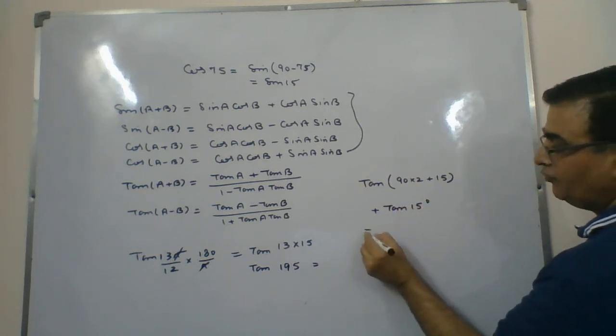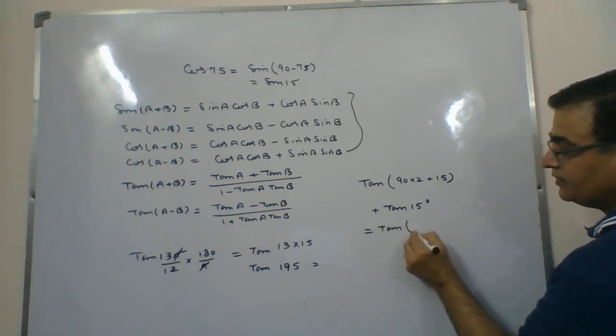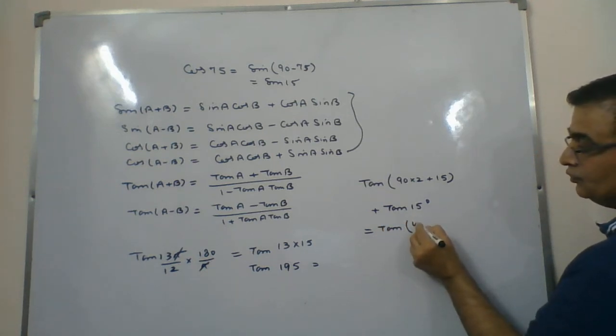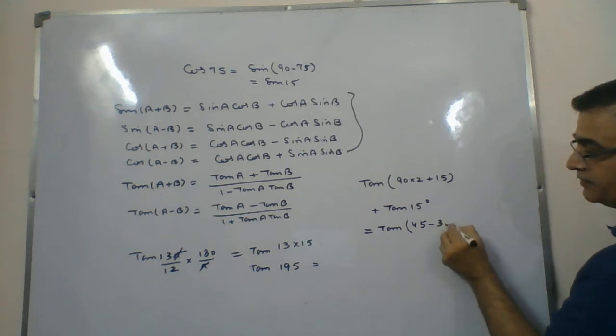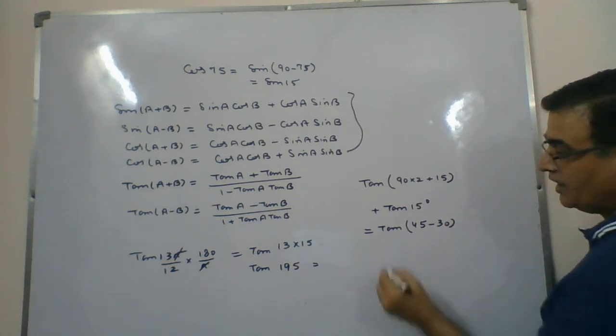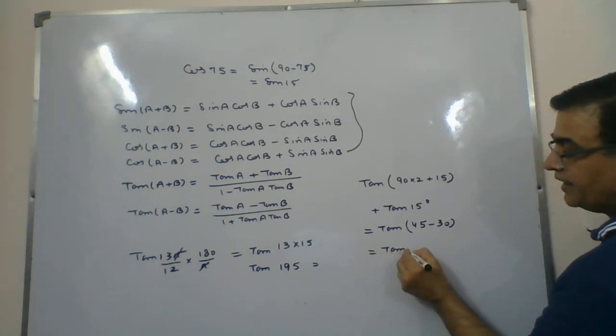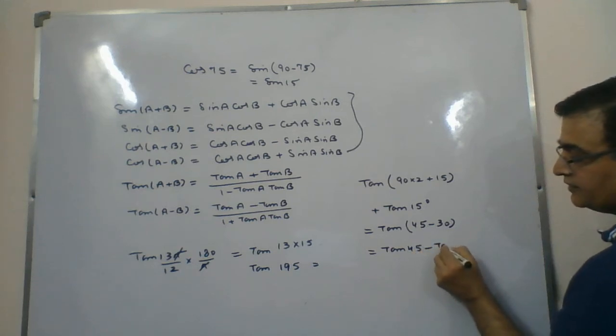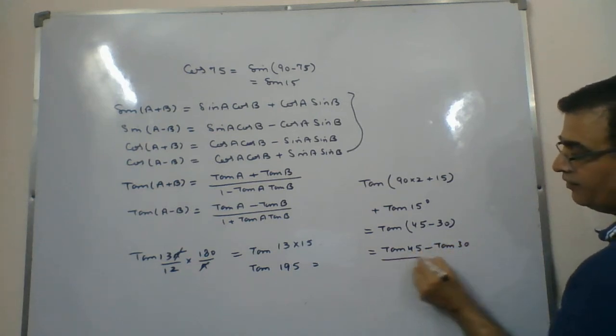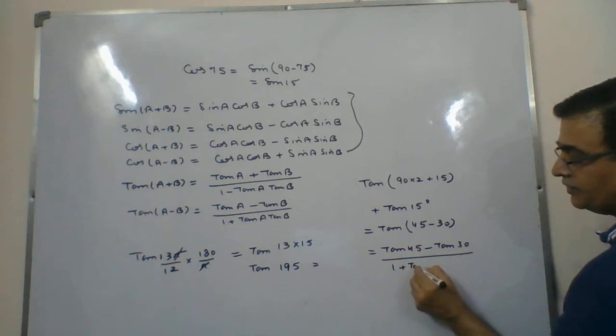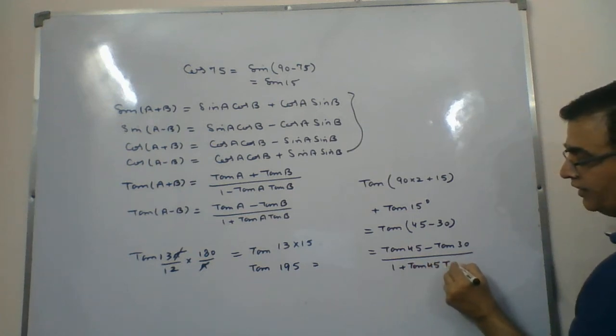And when you have tan 15, you should write this as tan of 45 minus 30. And now when you solve it, it will come tan 45 minus tan 30 divided by 1 plus tan 45 tan 30.